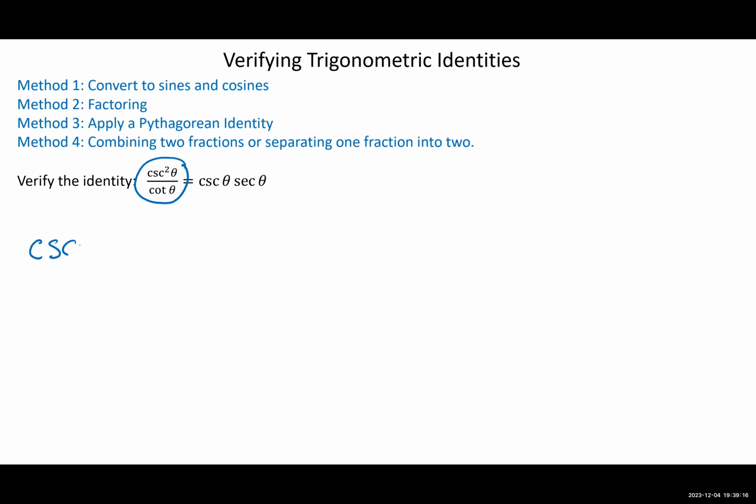So cosecant squared divided by cotangent. I know what I'm going to do first. Let me pause the video for a moment. Just think about what you would do first, and then maybe it's going to be the same thing I would do, maybe something different.